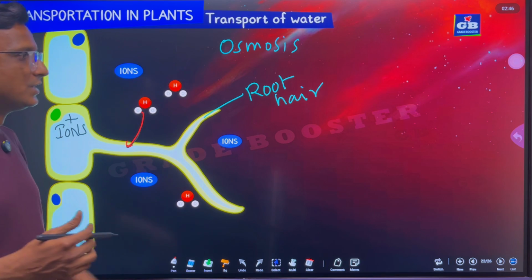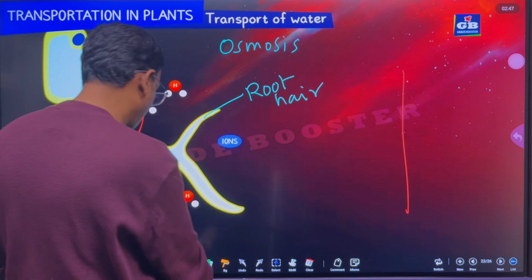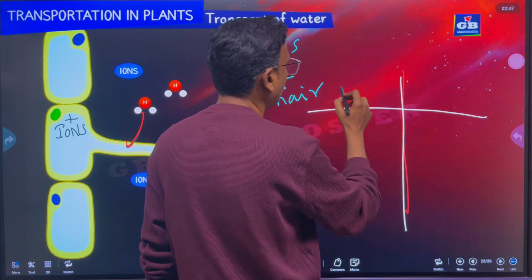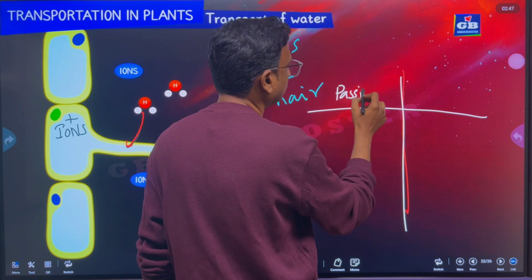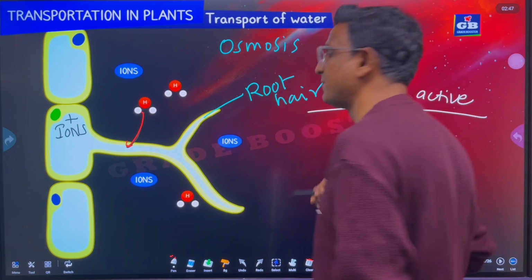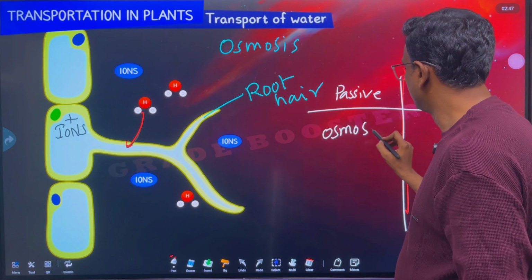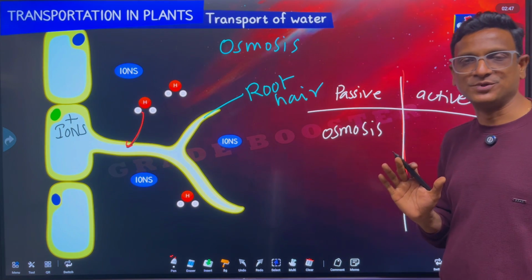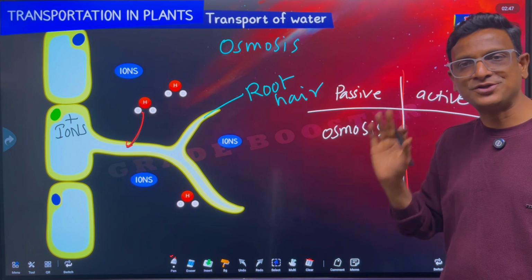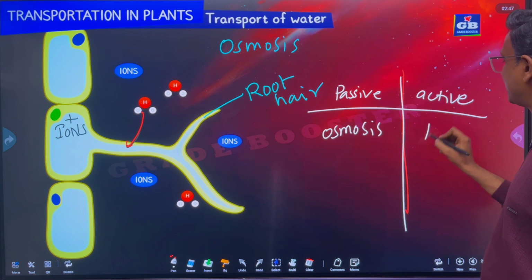The transport in living systems is of two types: one is passive, the second one is active. What is passive transport? Just osmosis. There is no need of energy for this osmosis. There is no need to spend energy. It is a natural phenomenon. Whereas active means by spending ATP.